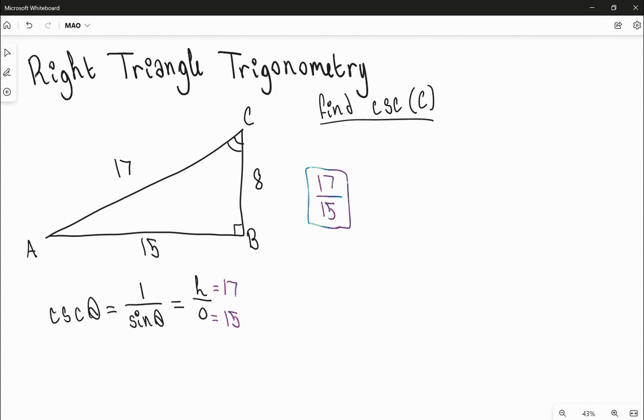Now you can also find sine and invert it. Sine is opposite over hypotenuse. Opposite is 15, hypotenuse is 17. If you just invert that and do the reciprocal, you obviously get the same answer because they correspond. It depends on what's easier for you and what you are most comfortable with doing.